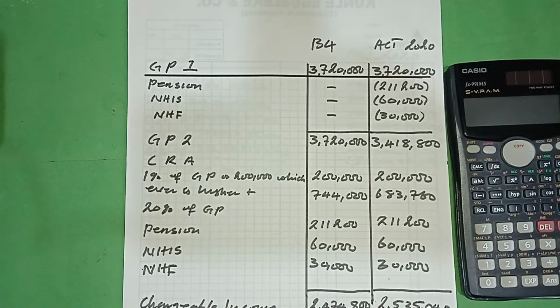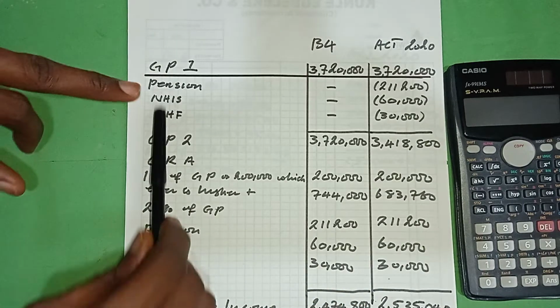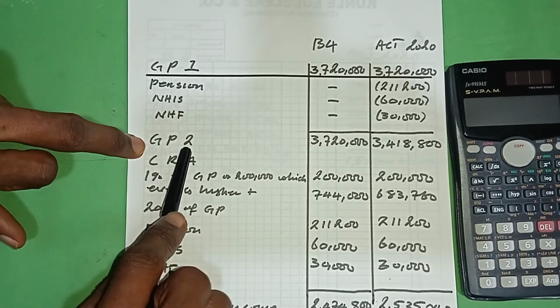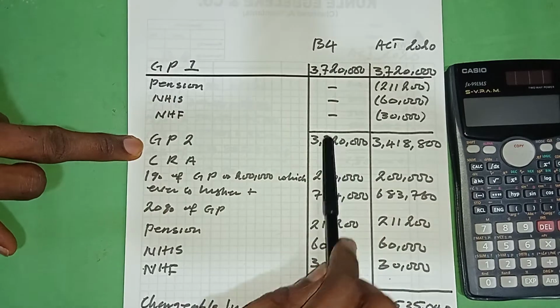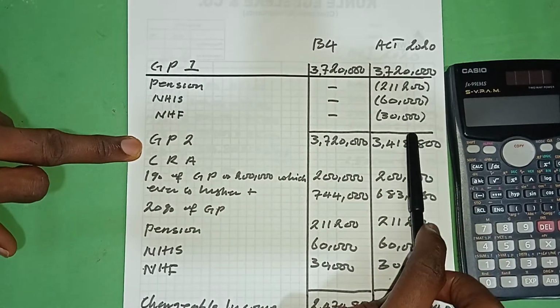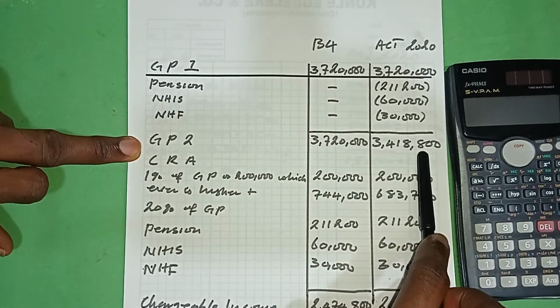Now let's just keep going gradually. If you check the gross pay 2 here, you find that it's the same figure that is still here. But the figure here now changes. If you check here, we'll have a higher figure here, we'll have a lesser figure here.